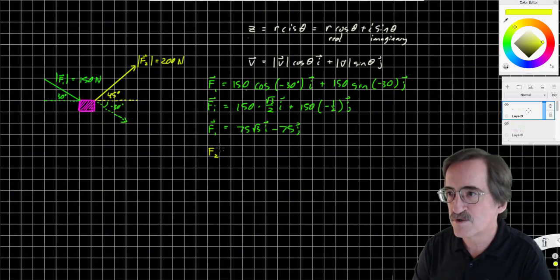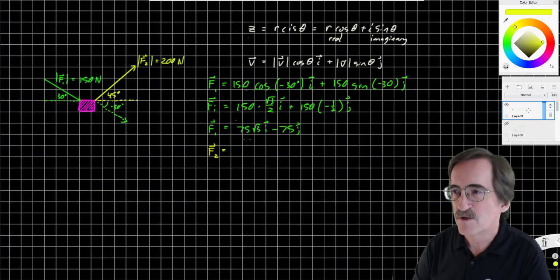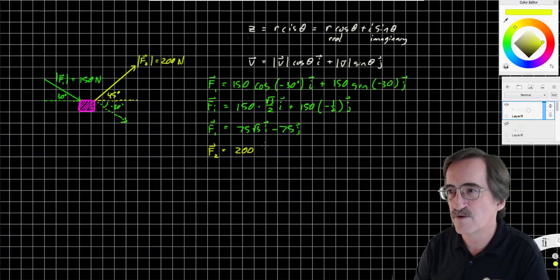So force 2 in rectangular form. It's going to be 200 times this, the horizontal component, right? Cosine, the horizontal, root 2 over 2, or 1 over root 2.